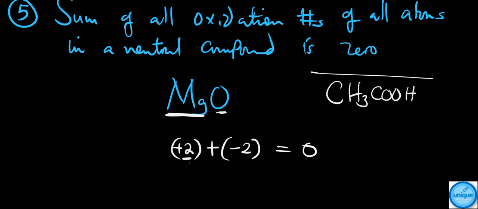You see, this one is a neutral one. Therefore, the sum of all oxidation numbers here is 0. If it is not indicated, you just say that it should be 0.